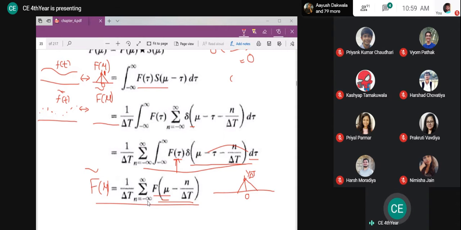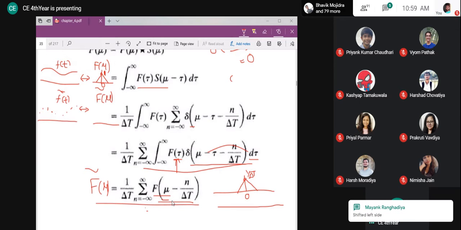But my n can take any value. Suppose n takes value 1. Then what will happen? Think where it will exist. For n value 1, where will F of mu exist? What will this term be? F of mu minus 1 by delta t. Where will it exist?